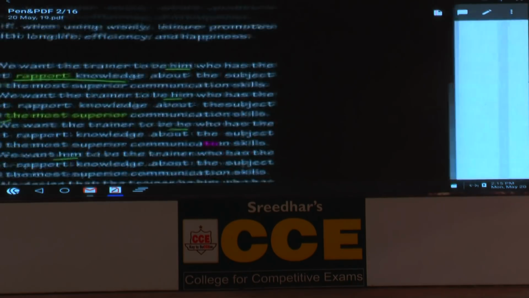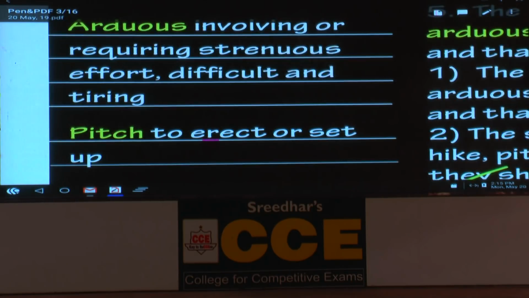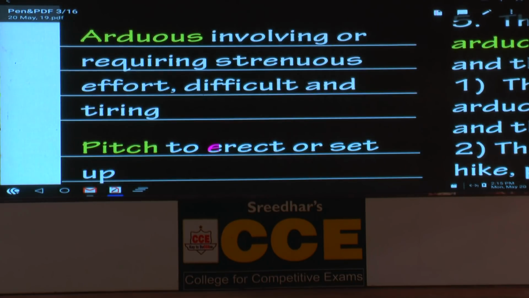Now write the meaning of previous one. Okay. Please write the meaning of. Arduous means what? Involving or requiring strenuous effort, difficult and tiring. Something very difficult to do.